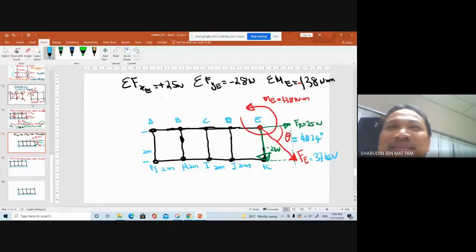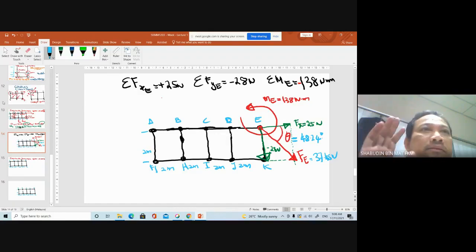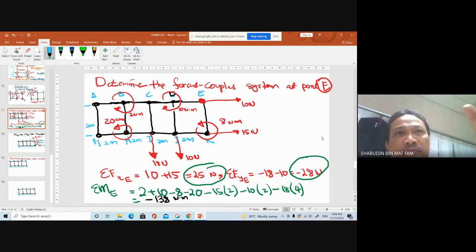Okay, are you crystal clear about the couples? From a system, in the structure A, B, C, D, E, F, G, H, I, J, K, you have multiple forces applied on it.